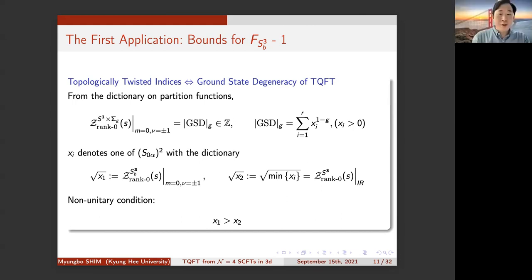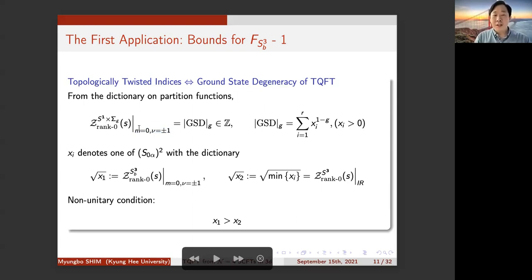So let me resume. From the dictionary, the topological twisted index is a partition function on S1 times sigma g. And as Satoshi said, at g equals 0, it reproduces the superconformal index in the degenerate limit.